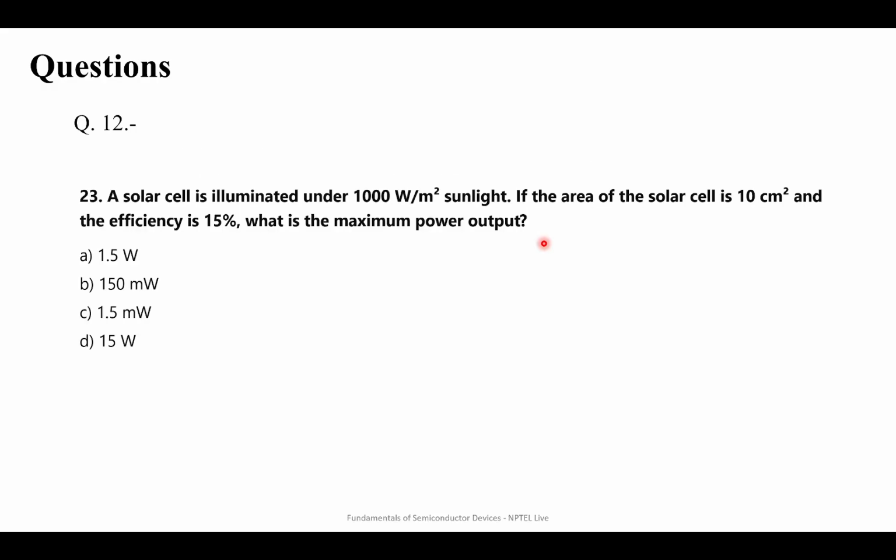Next question, another slightly complicated numerical. A solar cell is illuminated under 1000 watt per meter square sunlight.